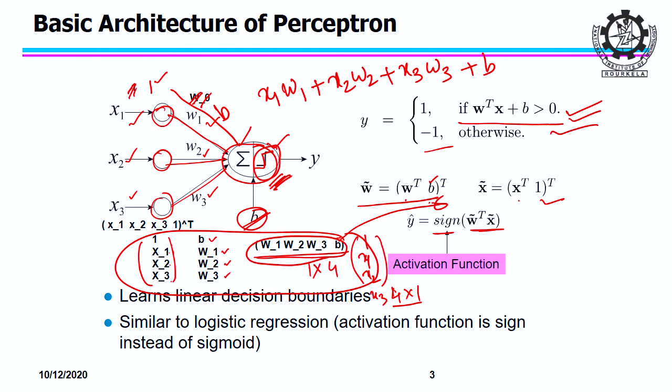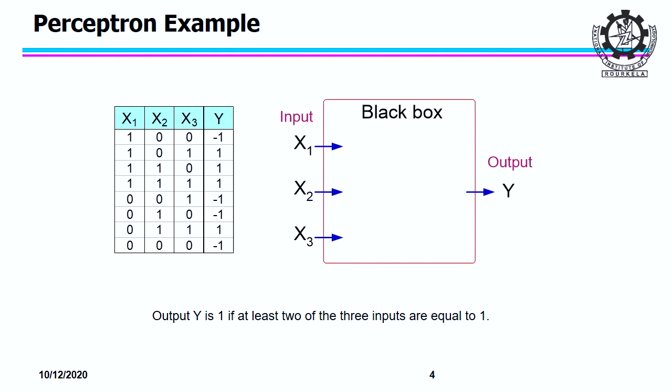So, the basic idea is that a simple processing unit does only the summation, and then converts it to either 0 or 1, or plus 1 or minus 1. Now, here is a more concrete example. Suppose we have a black box and we are giving the inputs x 1, x 2 and x 3.